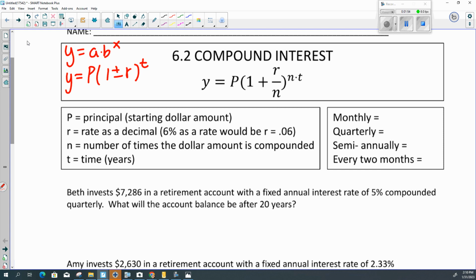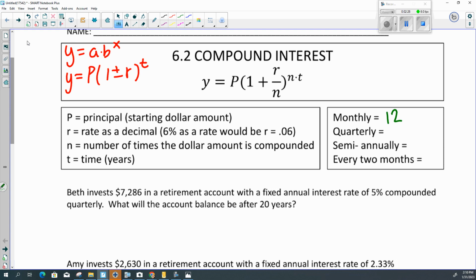The thing that's different about these ones is compound interest. Sometimes they compound it, they give you your interest more than once a year. So there are different things that happen to your equation to take that into account. If I say that I compound it monthly, how many times would that happen in a year? 12. If it says it compounds monthly, you're going to do it 12 times in that year.